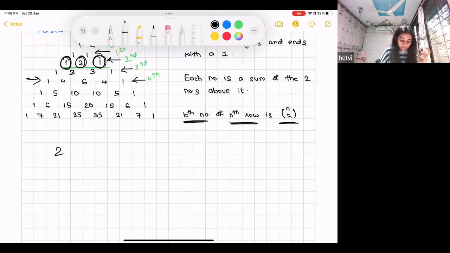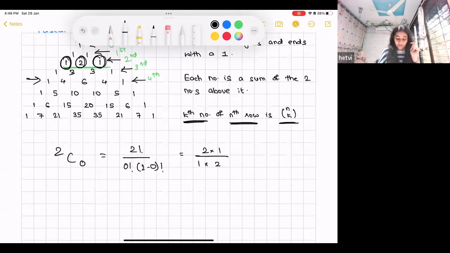We have 2C0. From the second row, we want the 0th number. So 2C0 is 2 factorial upon 0 factorial times 2 minus 0 factorial, which is 2 into 1 upon 1 into 2 into 1, which is 1. So 2C0, we get 1, which is the first number.